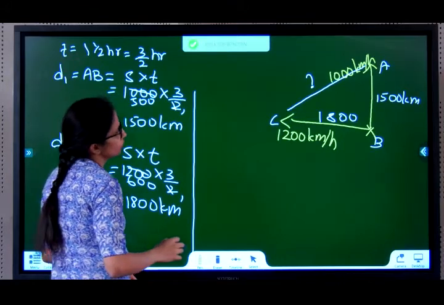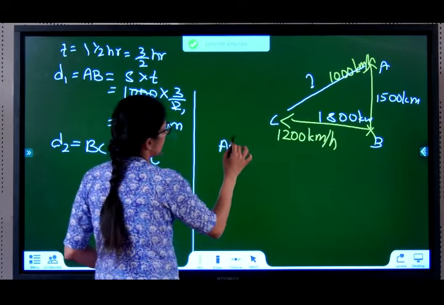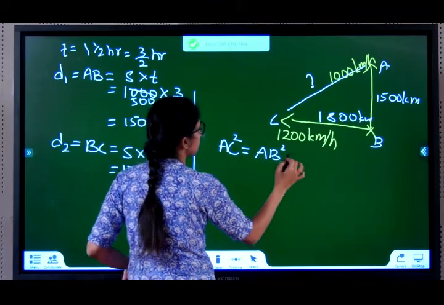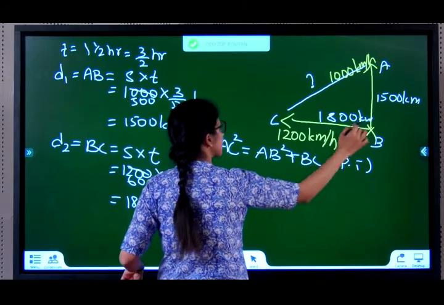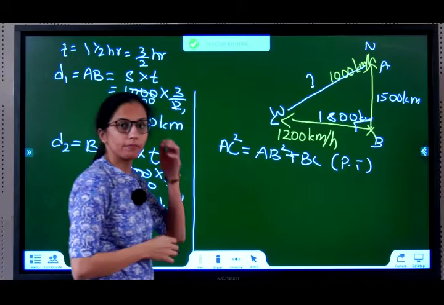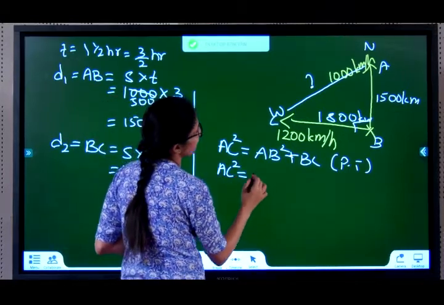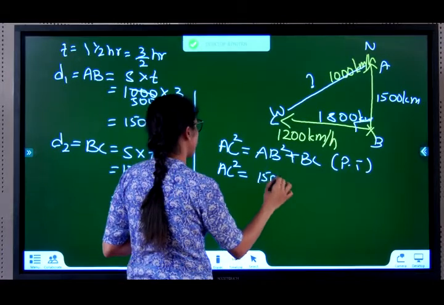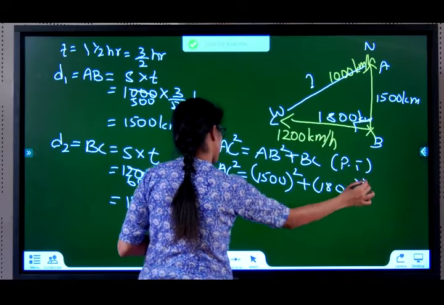Now, you know this distance, you know this distance. Can you find AC? Yes. AC square is equal to AB square plus BC square using Pythagoras theorem. How do you know angle B is 90? North and west are perpendicular to each other. So AC square is equal to 1500 square plus 1800 square.